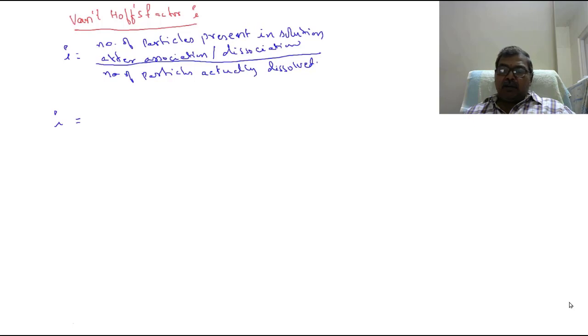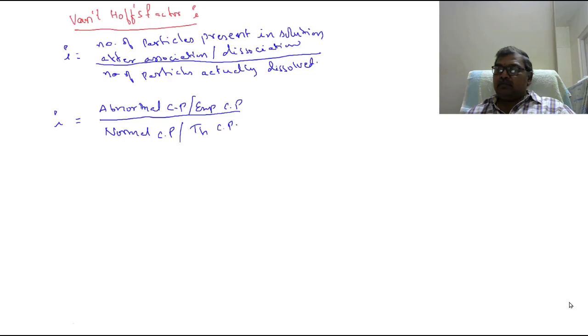So, i is equal to abnormal colligative property, or experimentally determined colligative property, by normal colligative property, the theoretical colligative property.